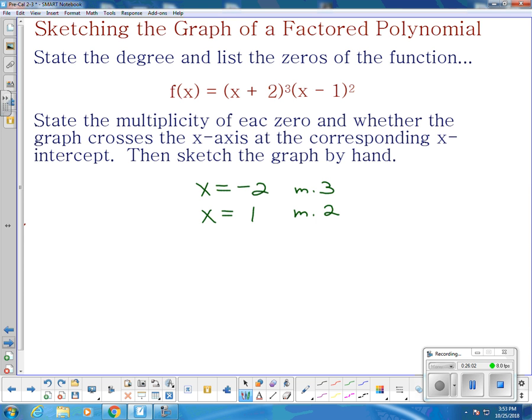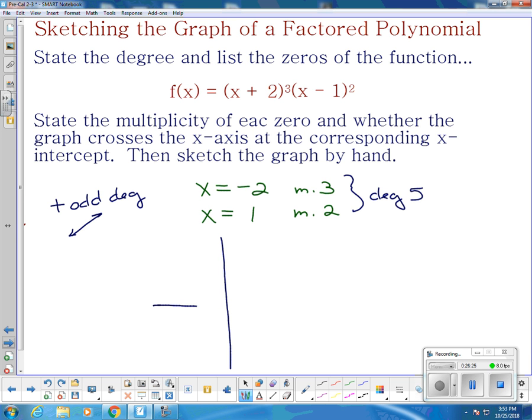So if I put the multiplicities together, that tells me my degree. The degree is 5. You have 3 plus 2 is 5 zeros. It is a positive odd degree. So my end behavior looks like that. It goes from low to high. And we're going to sketch it.